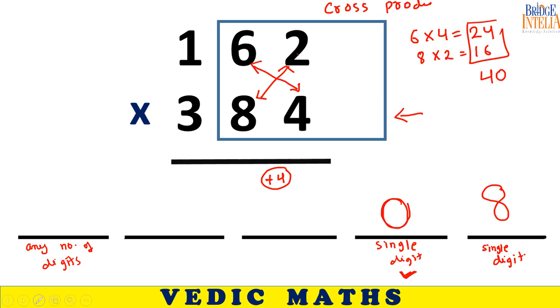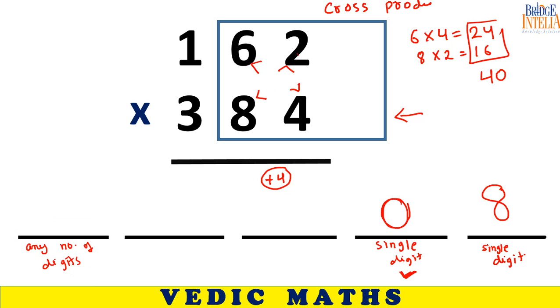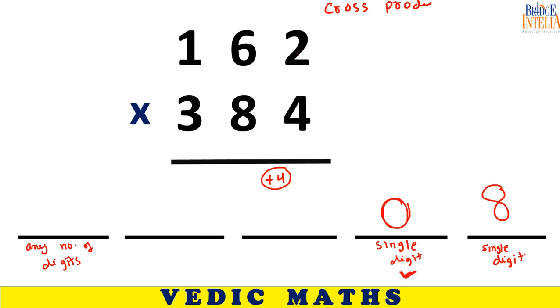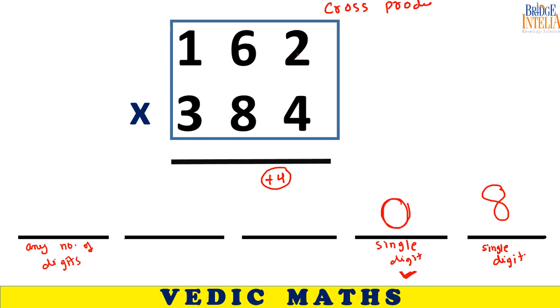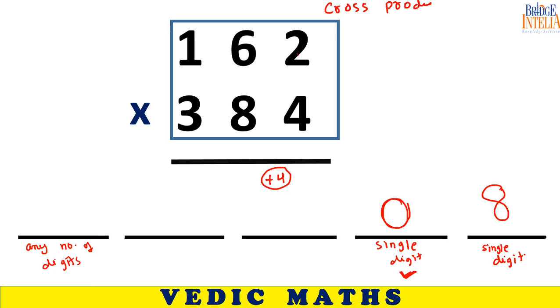Now we have already found out the cross connection product. So it's time to move the box forward. So yes, we have moved the box forward. Now let us find the cross connection product of the numbers inside this box. So 1 is connected with 4. So 1 into 4 is 4. 3 is connected with 2.